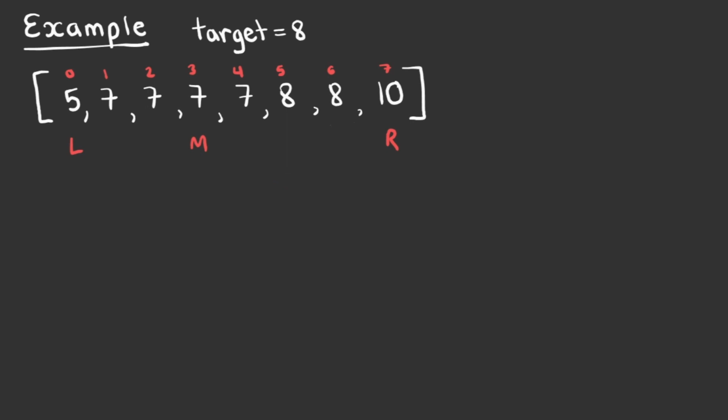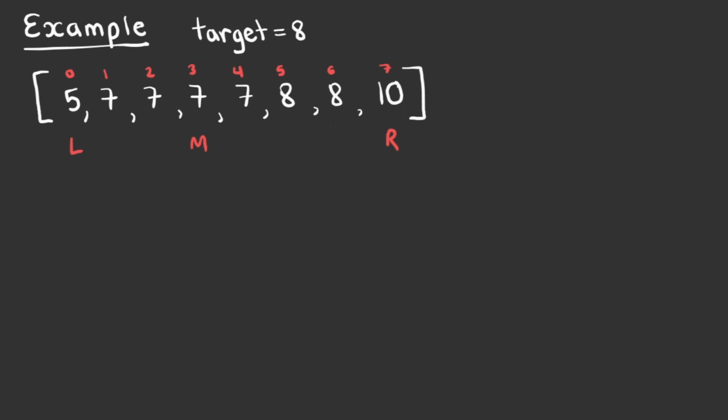If it's not, we know that it's going to be on the left side of the midpoint. And let's say we found the element at the midpoint itself. Well, we still want to reduce the right pointer, and I'll show you why. It's because we're going to, in the end, return the left pointer.